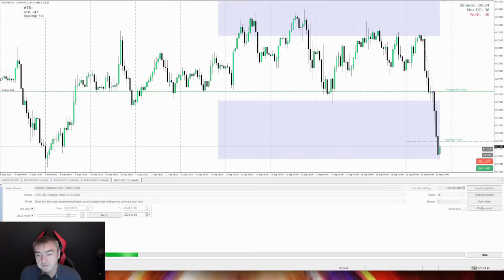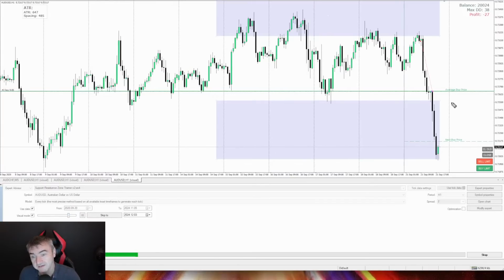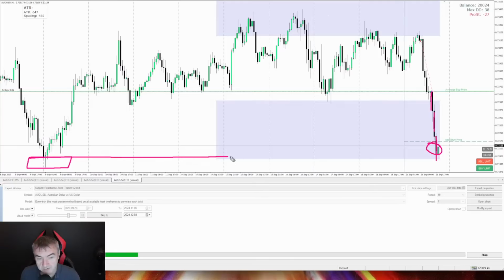So two reasons for this setting. One, it means your zones are going to get bigger and stay there. The second reason, and this is a perfect example: we've pushed into this support zone and continued going beyond the zone, but we haven't had any bullish price action coming in until we get all the way down here. There's the low, look.